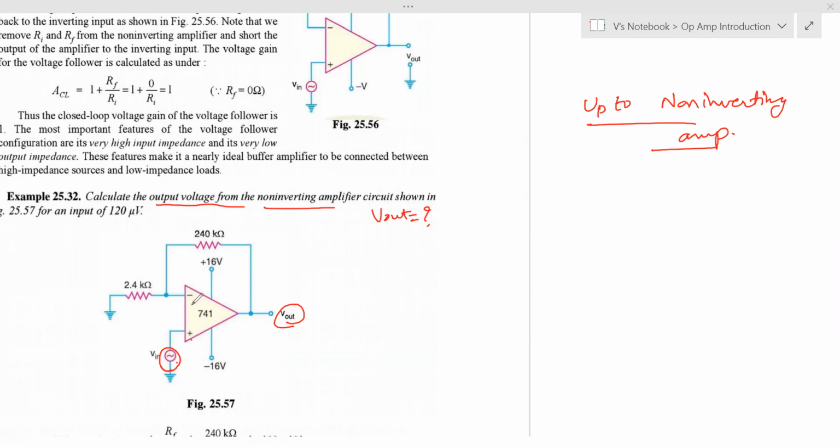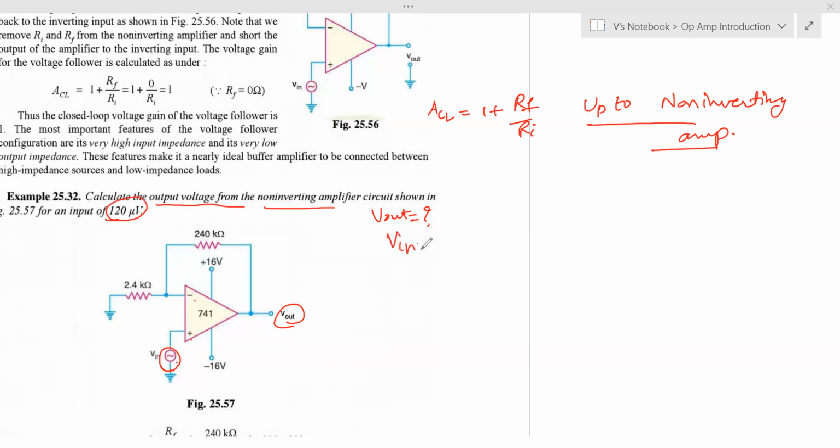Here it is given. Then you have to apply the proper formula, because the gains of the two amplifiers are different. For non-inverting, it is 1 plus Rf upon Ri.